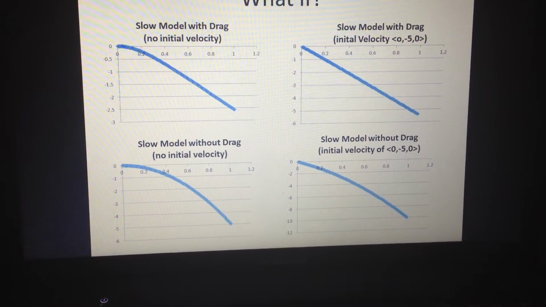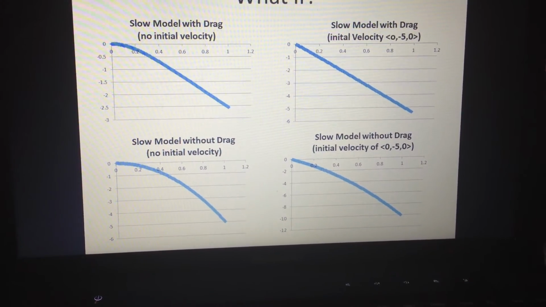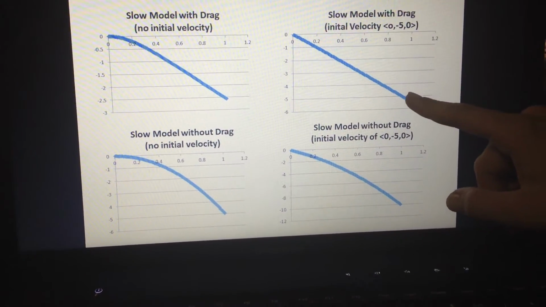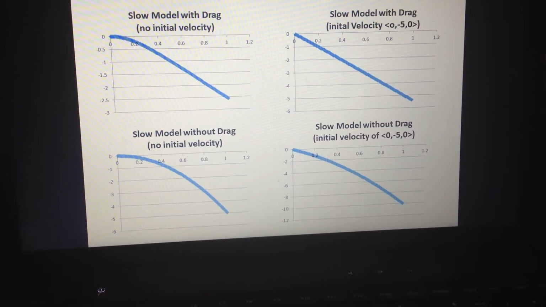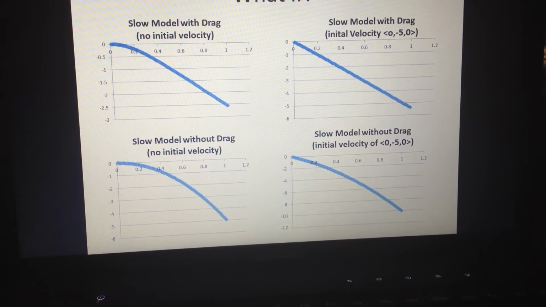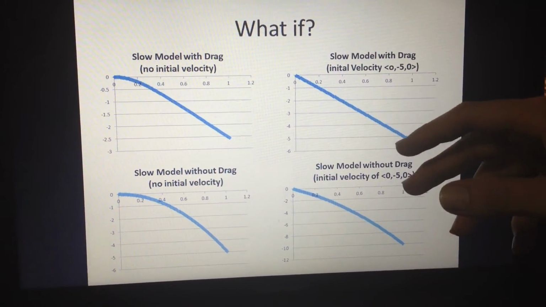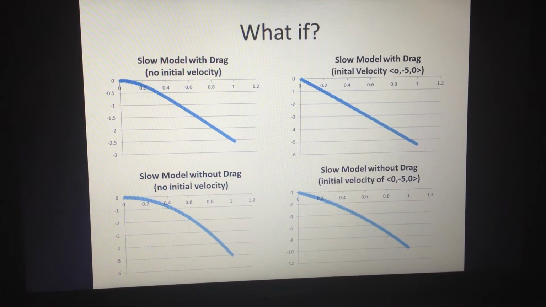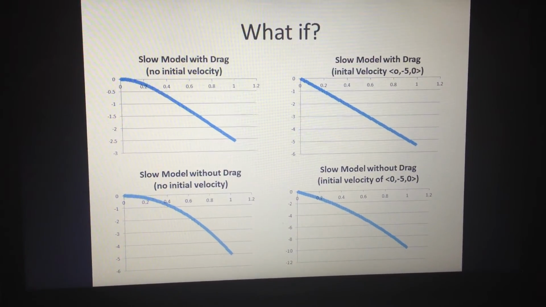Well, this doesn't change when we add initial velocity. However, you see that the model with drag reaches its terminal velocity, which is when the velocity is constant, much quicker, and same thing for without drag, with added velocity initially, it increases the final velocity because you're just continuing to increase throughout the whole time. So that's what we found.